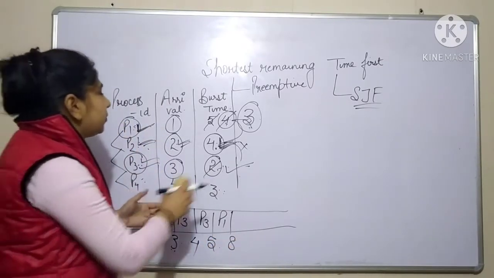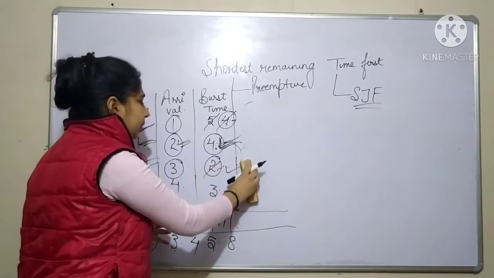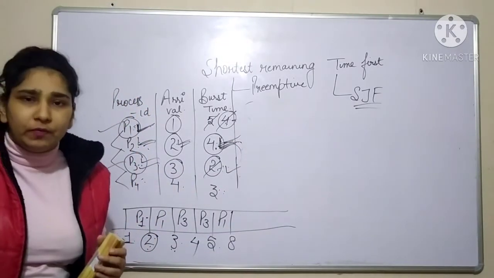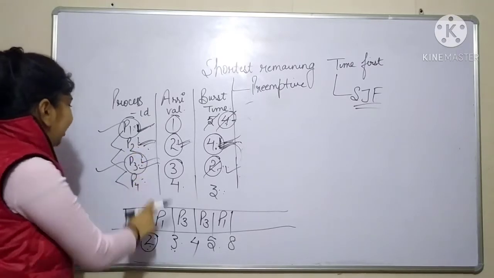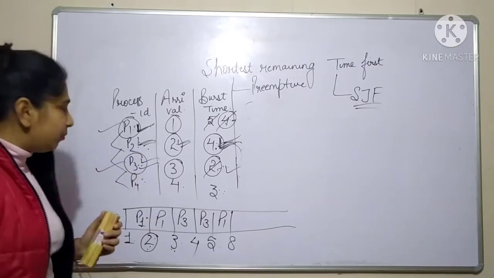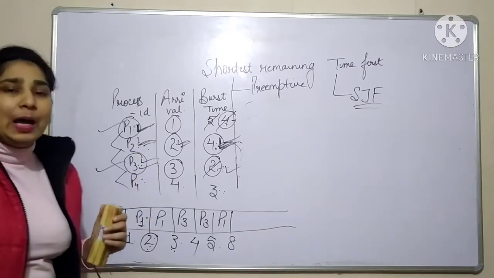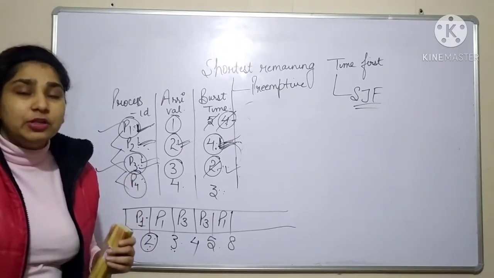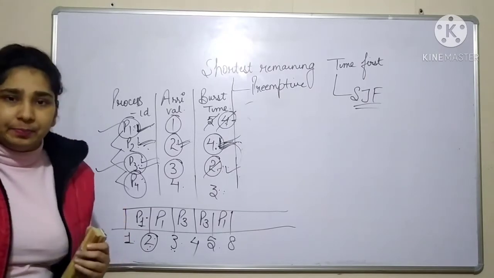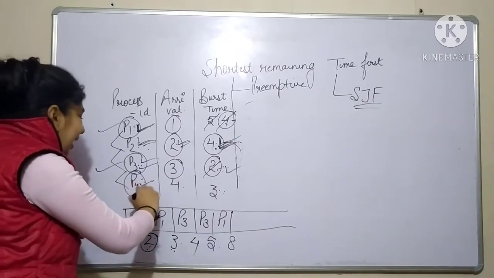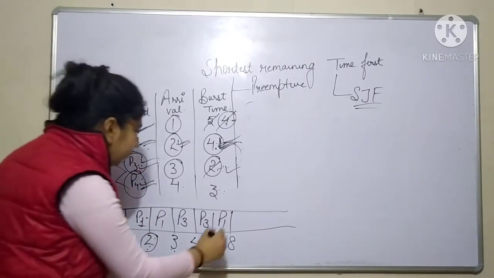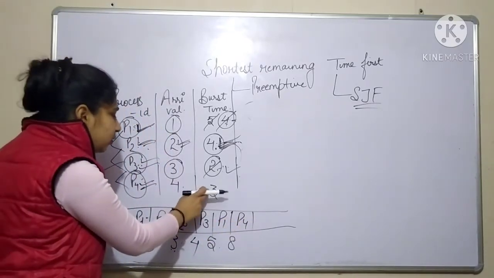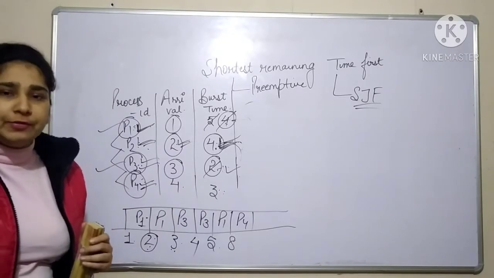Now your process P1 is over, and your process P3 is over. Now we have P2 and P4 present in the main memory. I will give a chance to the process having the shortest burst time, so I will allocate the CPU to process P4 for 3 units of time.